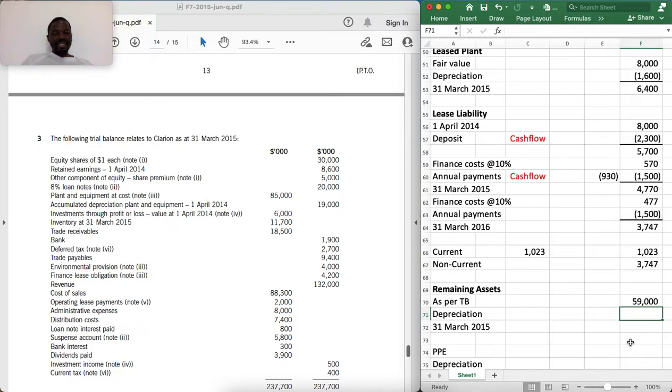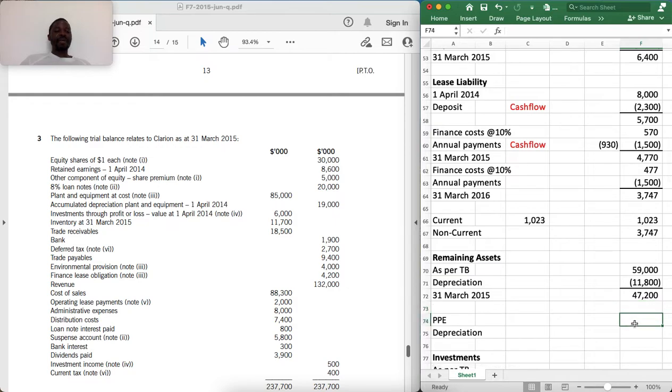So the remaining assets should be 59. Then we depreciate the remaining assets over 5 years. Then the balance of the remaining assets is 47,200. Then now we can get our PPE.